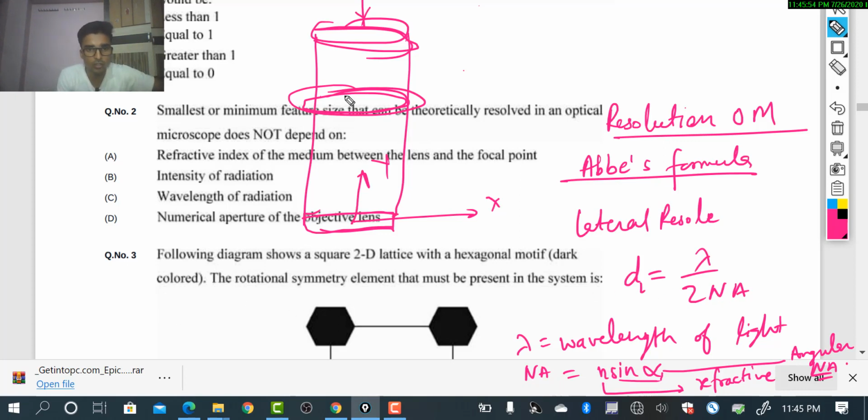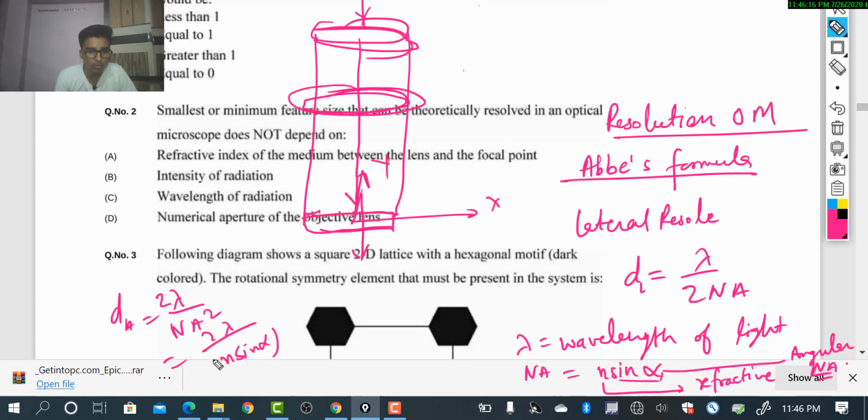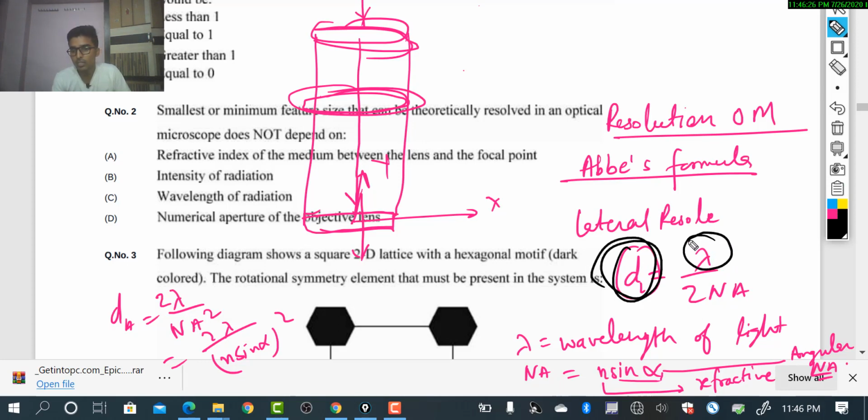For axial resolution, axial means in the z direction, the axial resolution will be 2 lambda by NA squared, that is 2 lambda by (n sin alpha) whole squared. In both formulas, the resolution depends on the wavelength of the incident radiation and the numerical aperture.